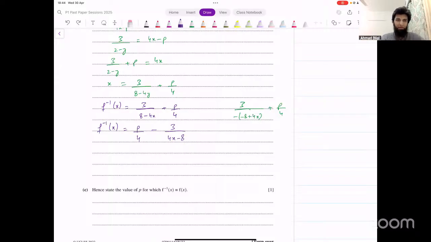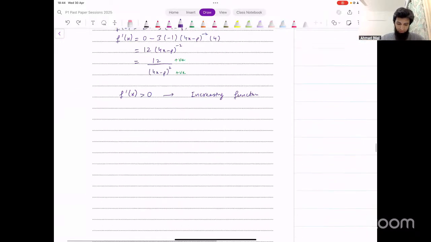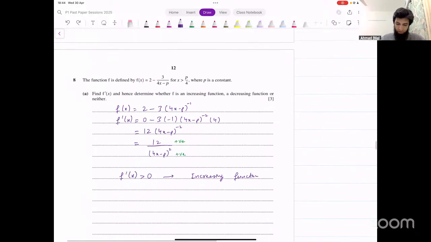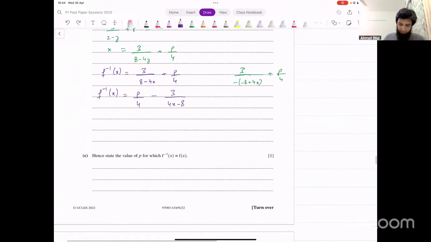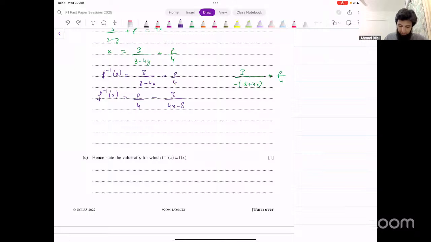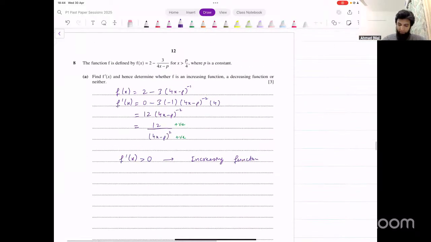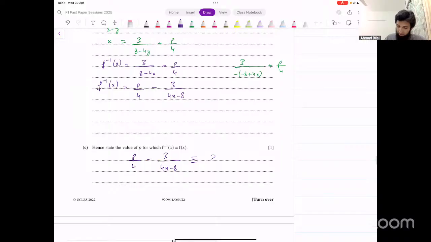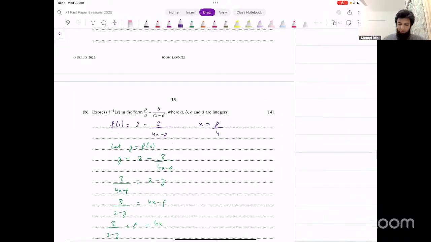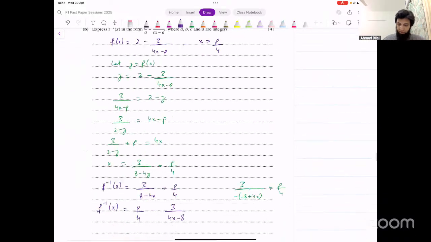Let's have a look at that. f inverse of x is p over 4 minus 3 over 4x minus 8. This is identical to f of x, which was 2 minus 3 over 4x minus p.